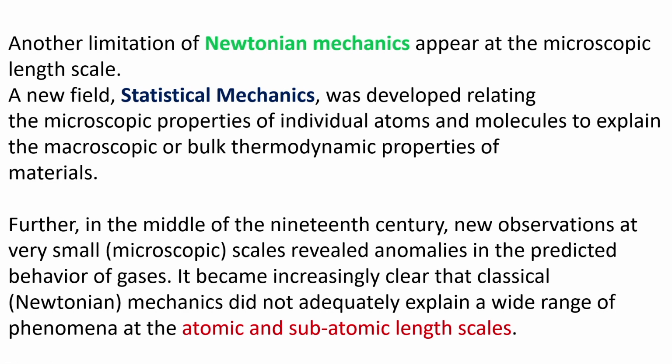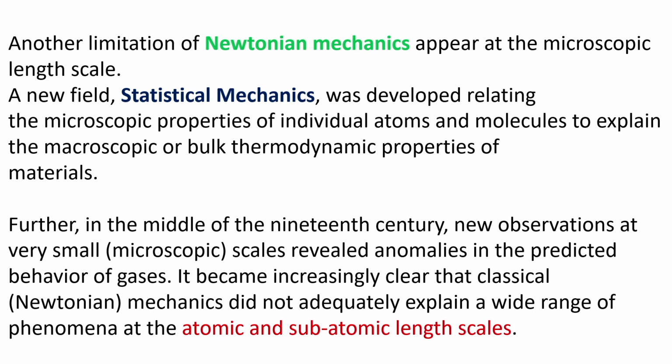Another limitation of Newtonian mechanics appears to occur at the microscopic length scale. For atoms and ions and elementary particles, Newton's laws do not appropriately describe the equation of motion. So, a new field, statistical mechanics, was developed, relating the microscopic properties of individual atoms and molecules to explain the macroscopic or bulk thermodynamic properties.